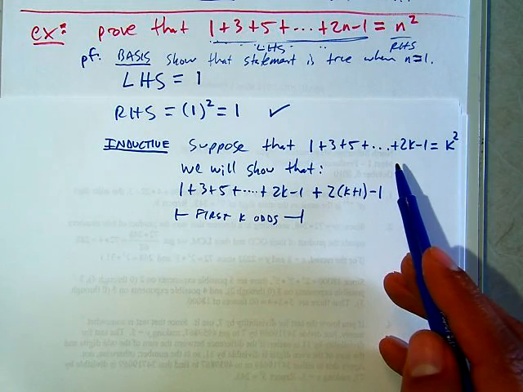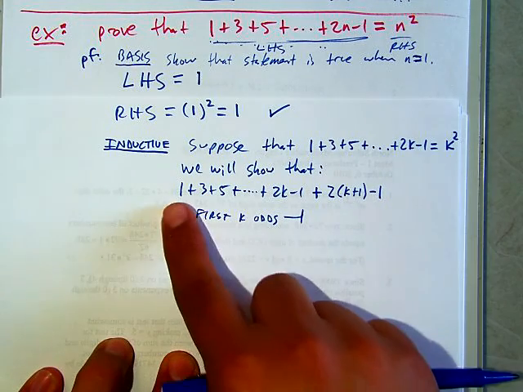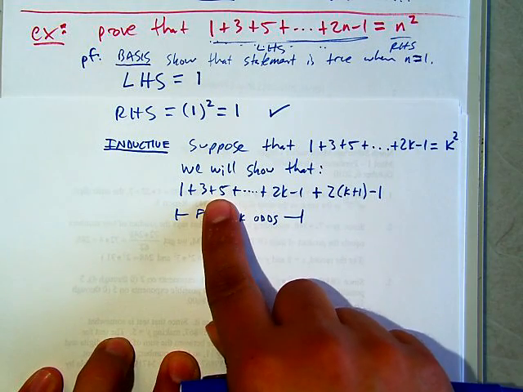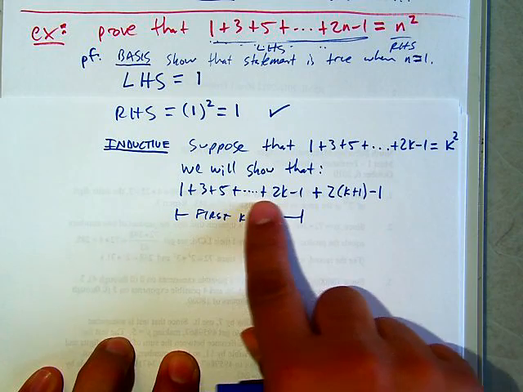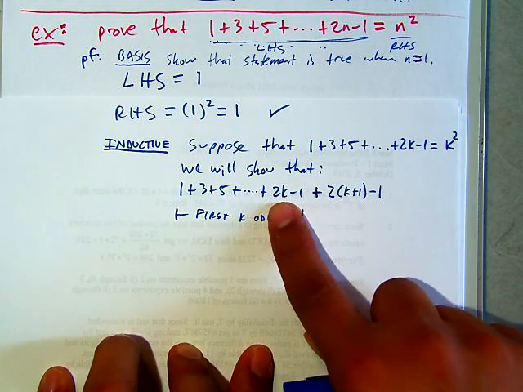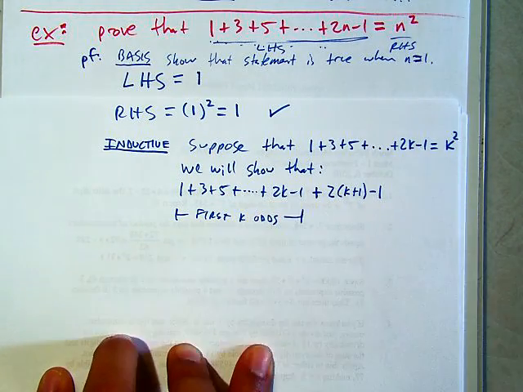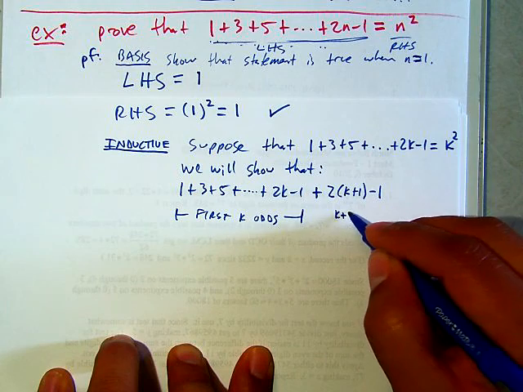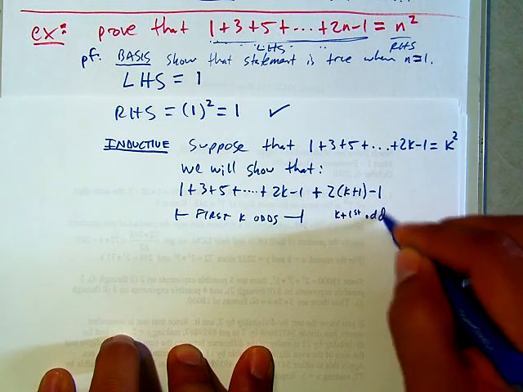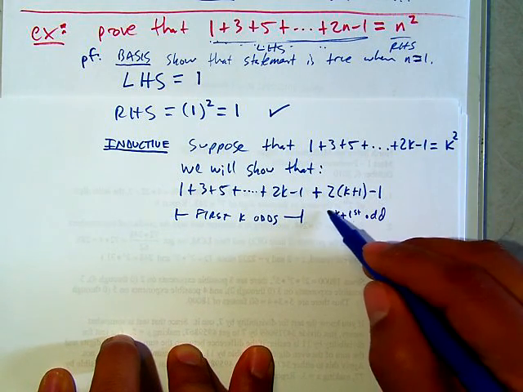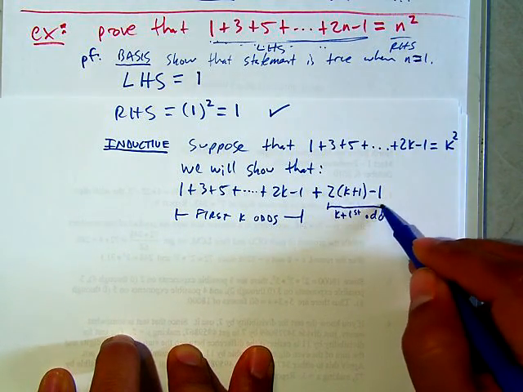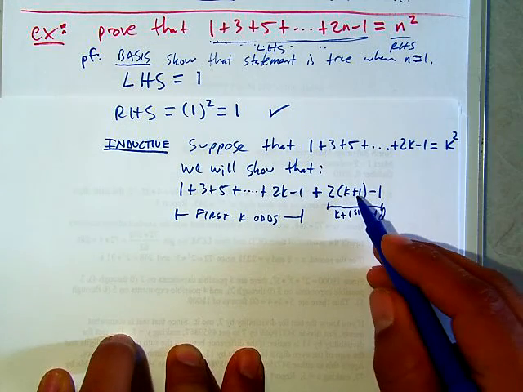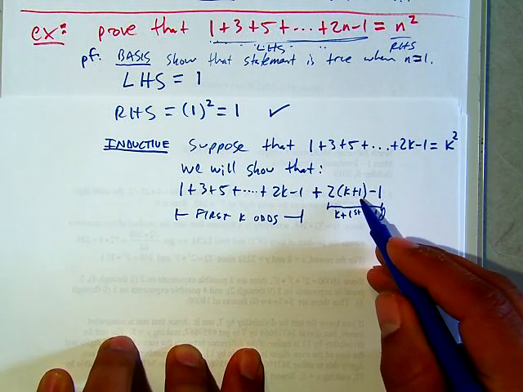So that means I've taken the first odd, the second odd, the third odd, up through the kth odd, which would be 2k minus 1. And now this right here would be the k plus first odd. That's just the next number in the sequence. Okay?